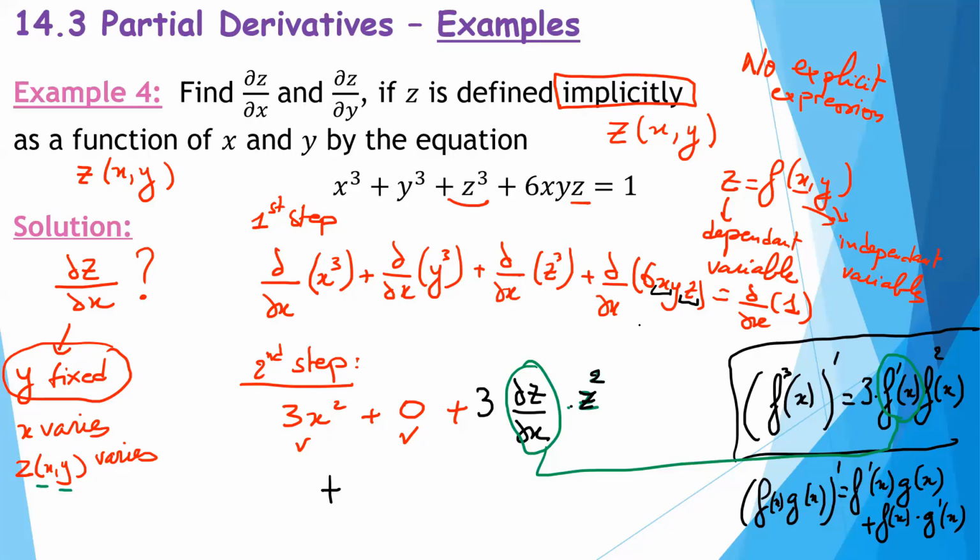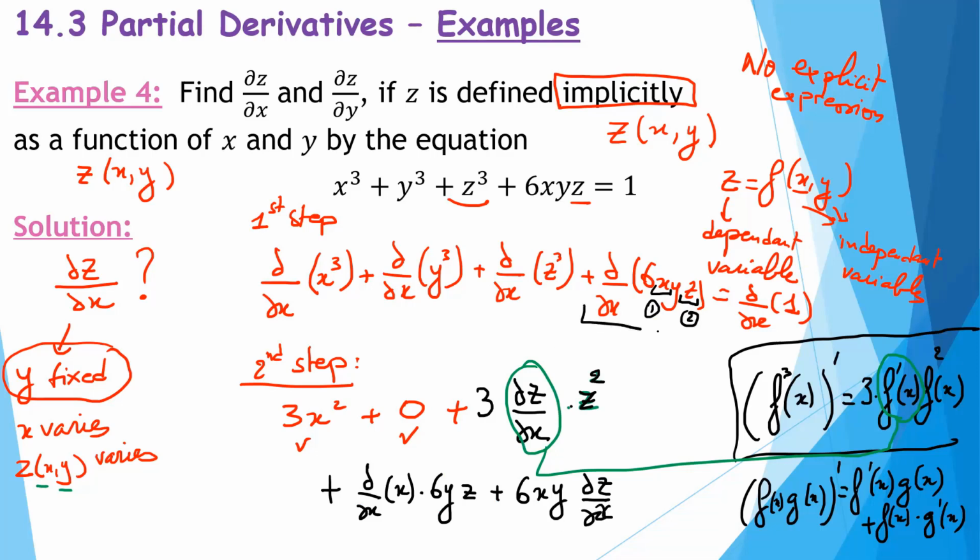Here, the derivative of the product is the derivative of the first function here, x, times 6yz, plus the derivative of the second function, which is z, then 6xy, the derivative of z with respect to x.